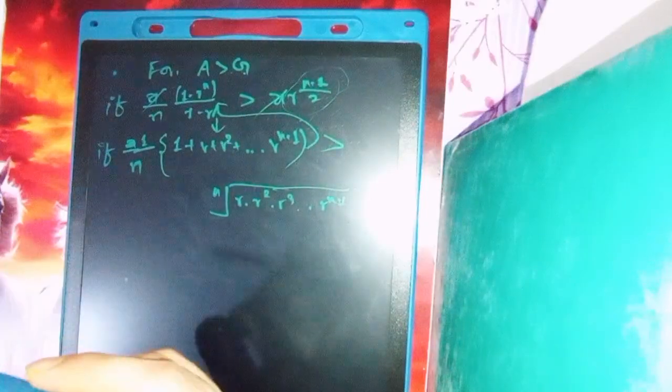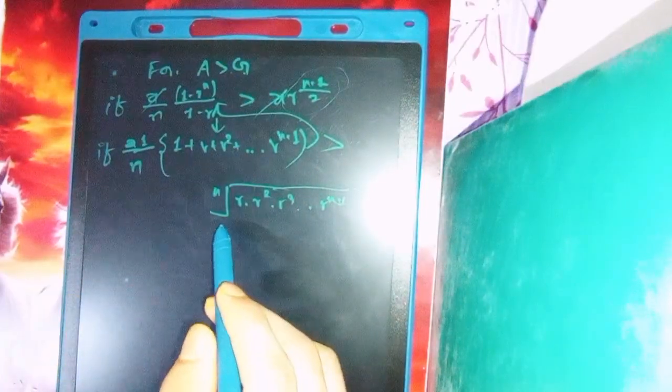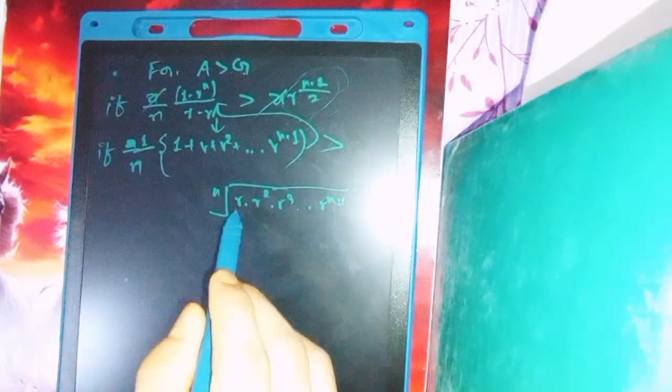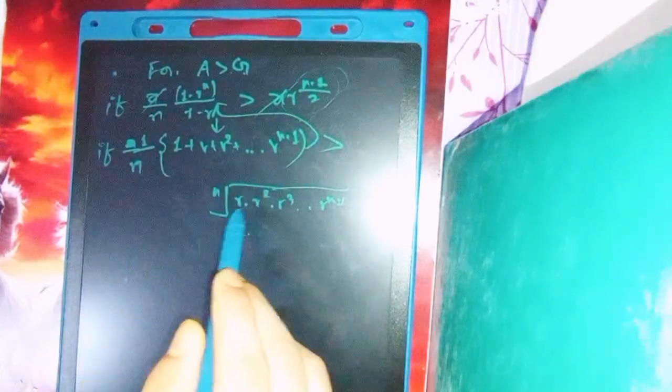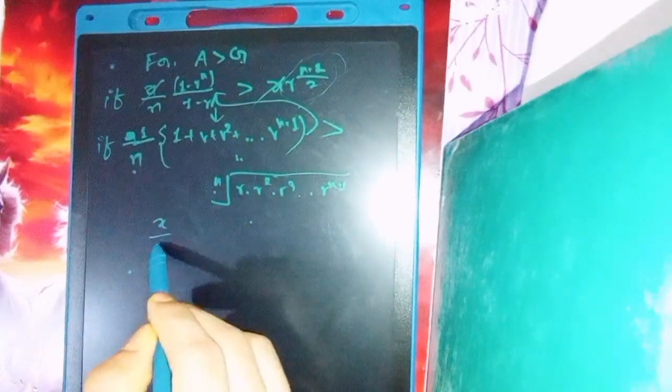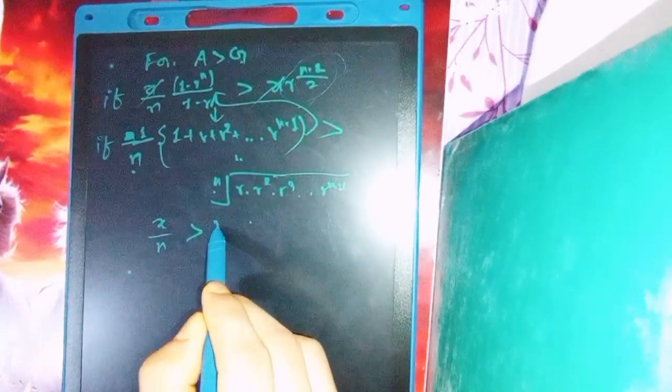We're going backward step by step. So if this is true, then from this relation we can say that this relation is true. So you can say the nth root of something and something upon n, this will be greater, just like x upon n should be greater than the nth root of x.